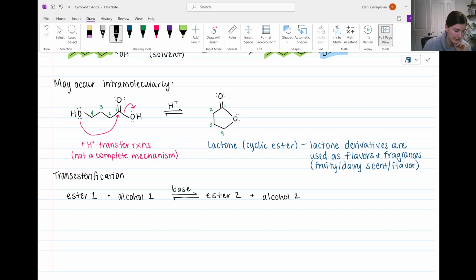So let's do an example here. Here is the product of the reaction in our previous video. When we went through the mechanism, we made methyl benzoate. So this is an ester. We have an OCH3 group in that molecule.